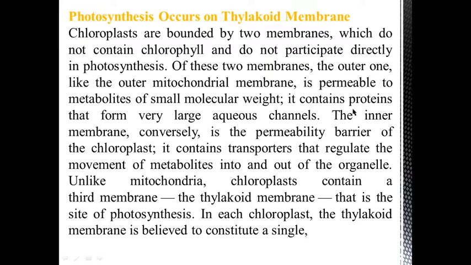It contains proteins that form very large aqueous channels. The inner membrane, conversely, is the permeability barrier of the chloroplast. It contains transporters that regulate the movement of metabolites into and out of the organelle.